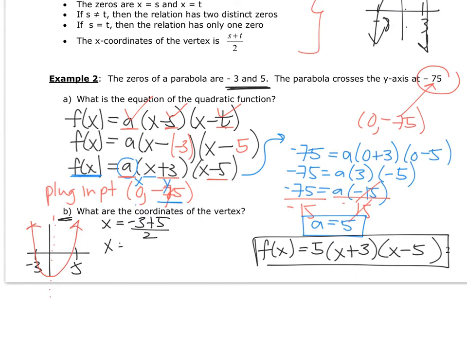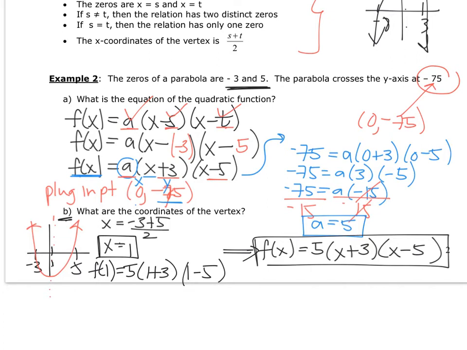We've got x equals 1. Okay, so we know that this part here is 1. So I'm going to plug that into my equation and see what pops out for y. So here's my equation. I'm going to write f of, instead of x, I'm plugging in a 1. So f of 1 equals 5 times (1 plus 3) times (1 minus 5).